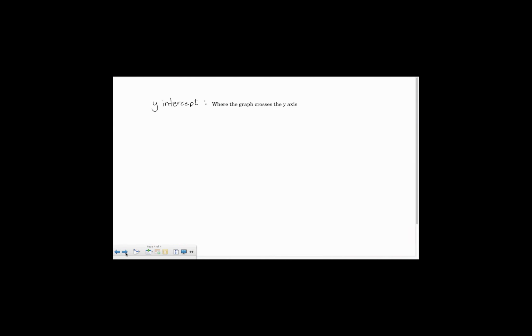I'm going to go back to that page and add another word to my vocabulary list. X-intercept: where a graph crosses the x-axis.